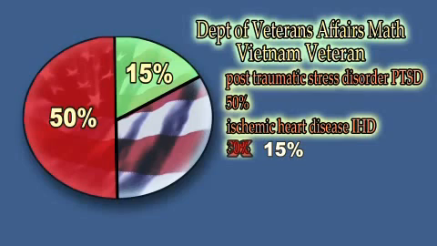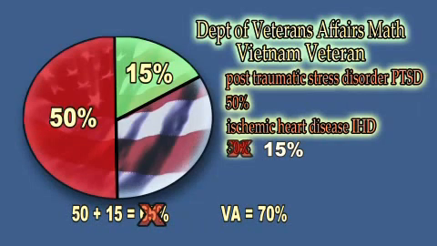So there's an additional 15% of the veteran that is now disabled due to ischemic heart disease. 15 and 50, of course, is 65. The VA doesn't pay in intervals of 1%, they pay in intervals of 10%. Therefore, they round 65 up. And if these were the only disabilities the veteran had, he would be paid at the 70% rate.